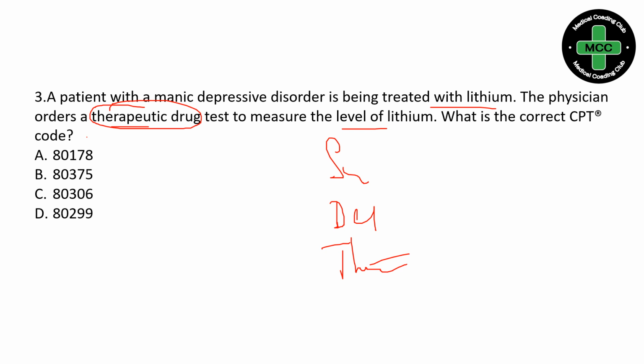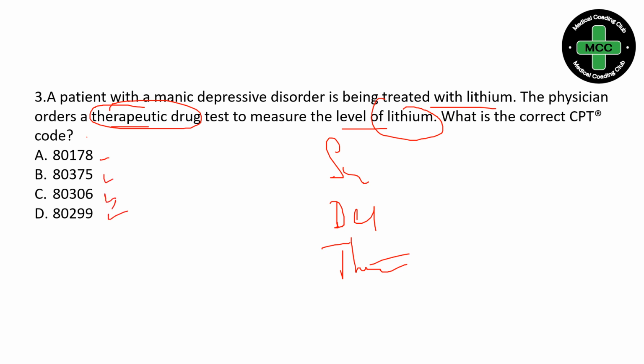The same thing they did here: using a therapeutic drug assay they are measuring the level of lithium. So you have to go under therapeutic drug and check for the code for lithium. That's it.